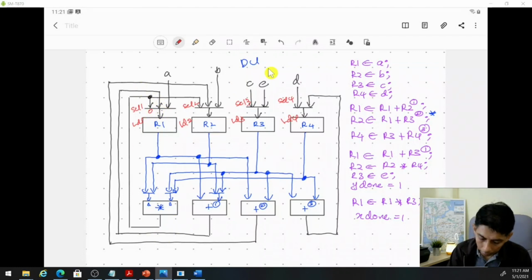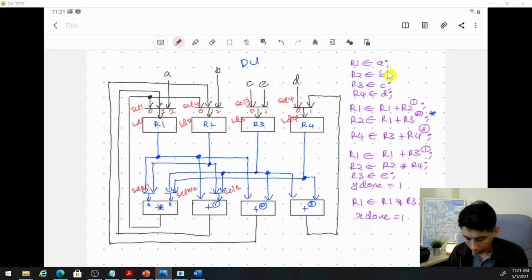If you select 1, from the adder, and if you select 2, this is from A. This is 0, 1, this is 0, 1, and let's call this SEL M1, this is SEL M2, this is SEL adder, and you have 0, 1. Okay, so those are the signals that we need for the DU.